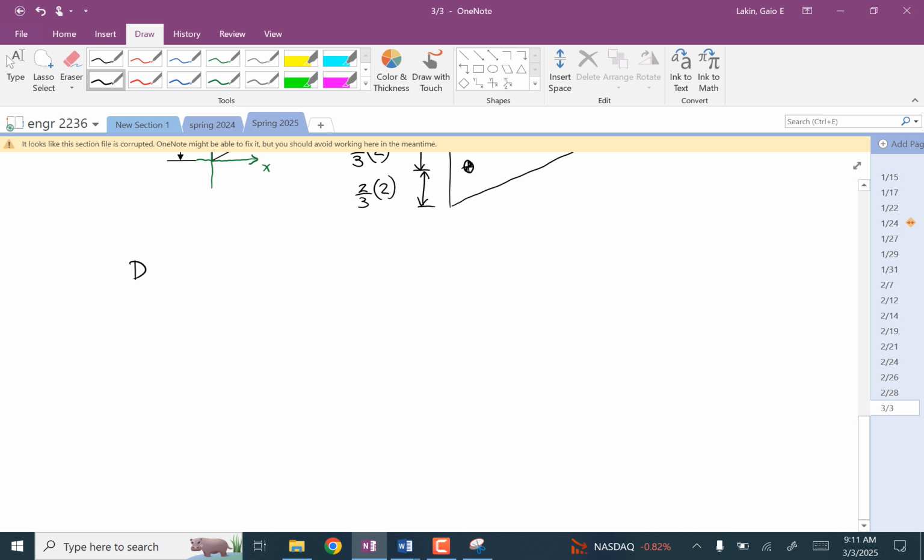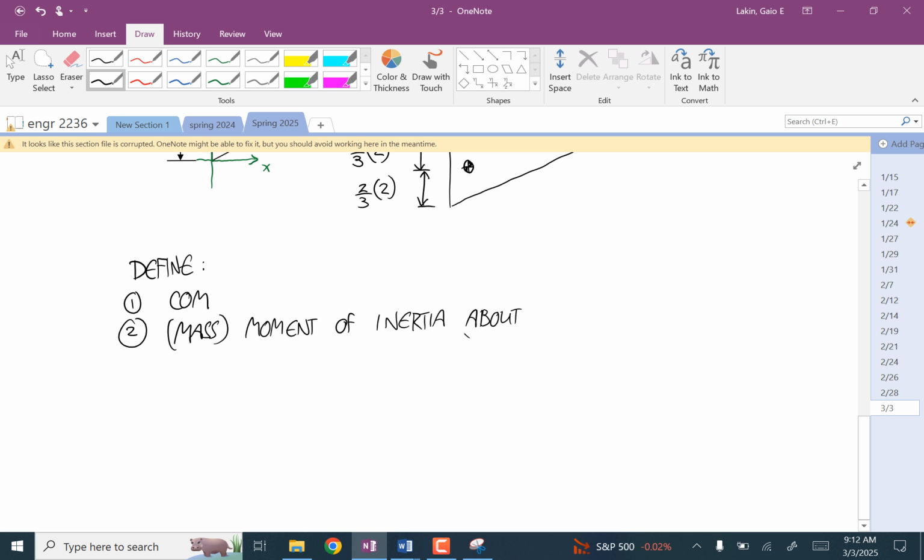Remember that before we got into problems, we had to define the center of mass, the mass moment of inertia about a point, and the moment of a force about a point.